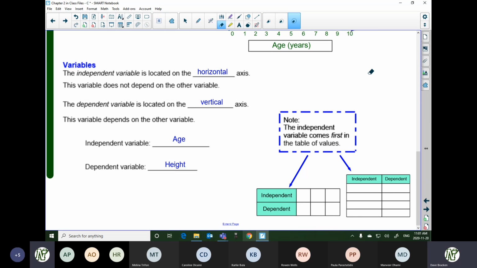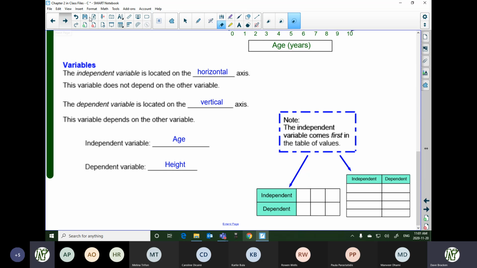When you guys are good to move on at home, just put your hand in the air, okay? You guys good here? So whenever you're given a table this way, independent goes on the bottom of your graph, dependent goes on the side.